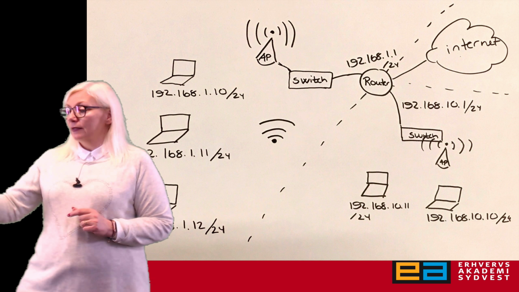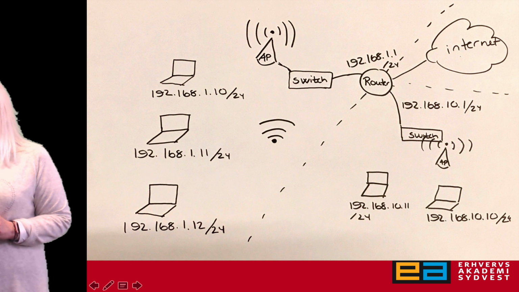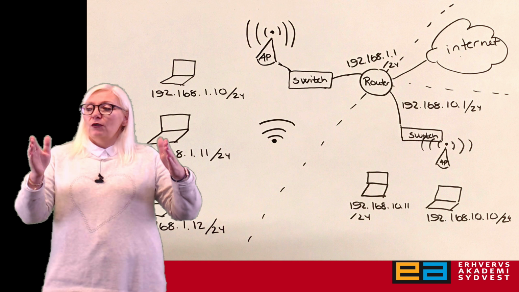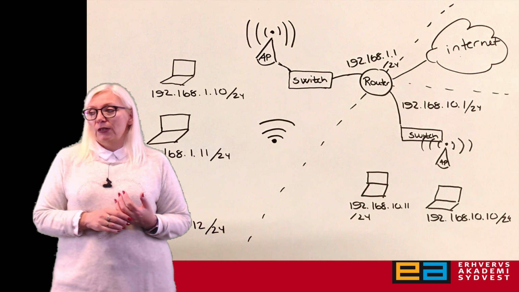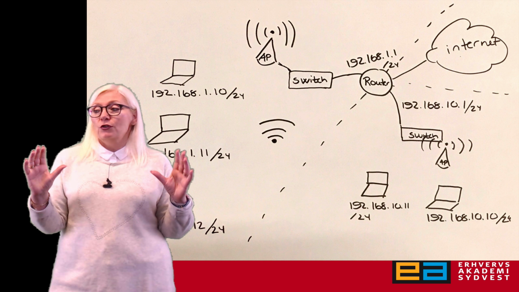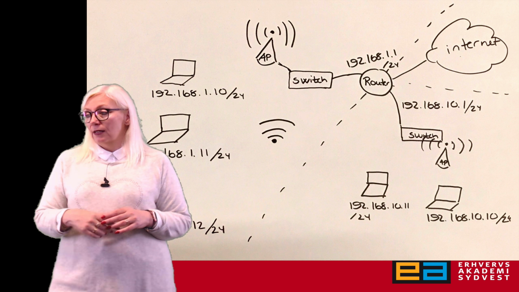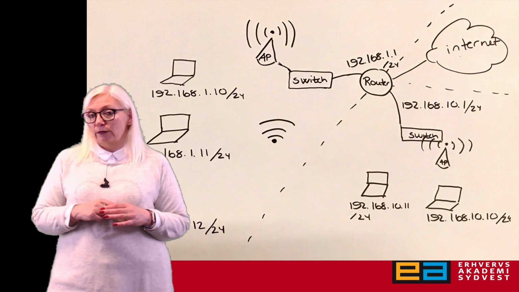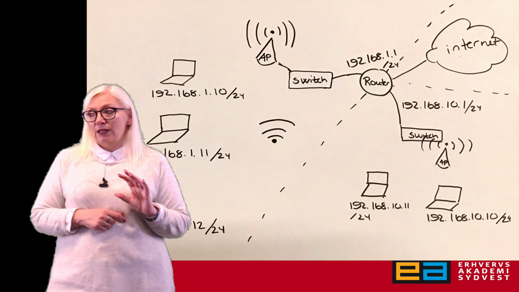So in this small setup, all IP addresses start with 192.168.1. This is the network it belongs to. And then one of them is called 10, the next 11, and then 12. So these belong to the same network.